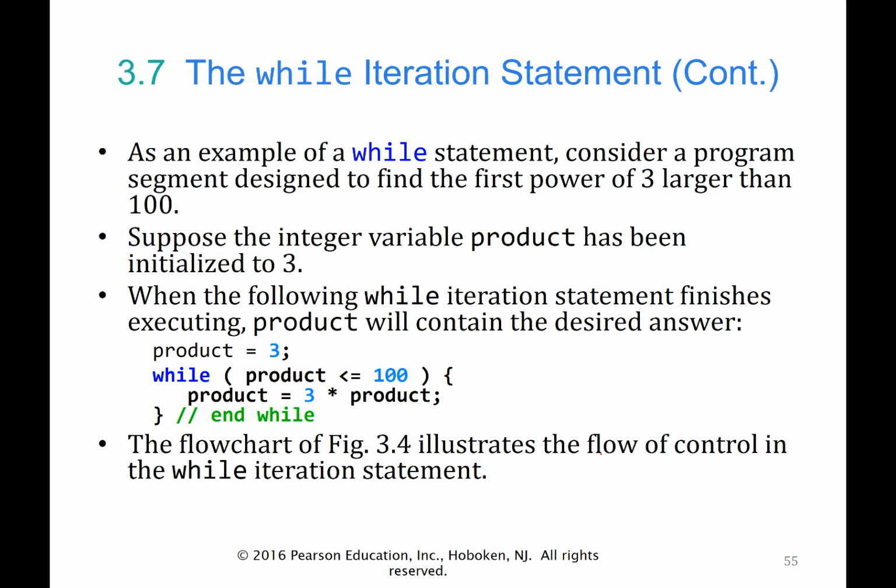We don't know what the rest of the code is, but what they're trying to show is here we have while product is less than or equal to 100. Every time we go through this loop, we're multiplying product times 3. So the first time through the loop, product is going to be 3. Then it's going to be 9. Then it's going to be 27.